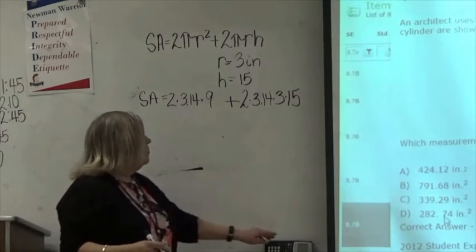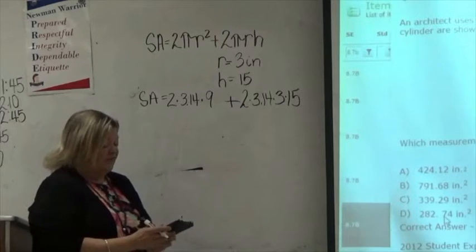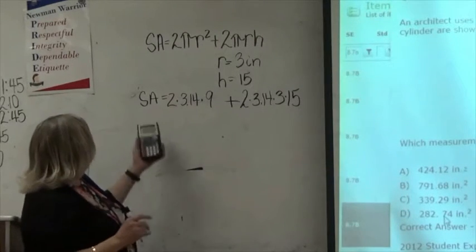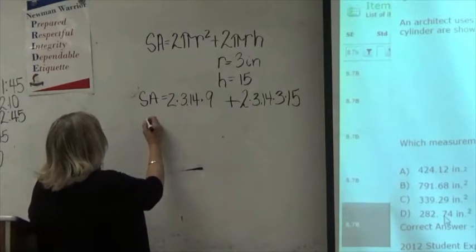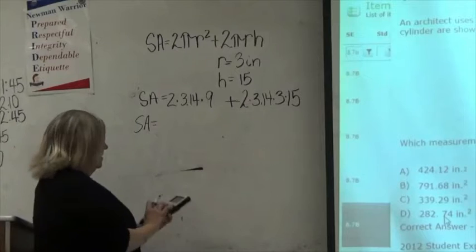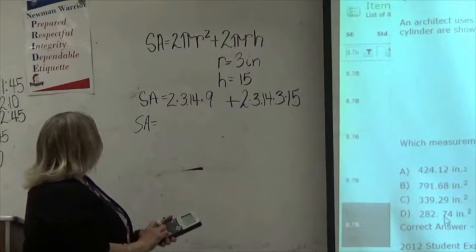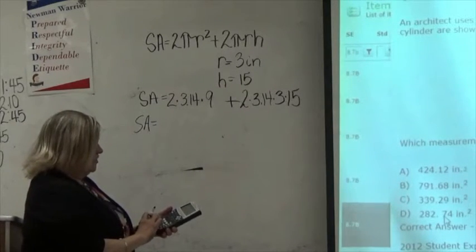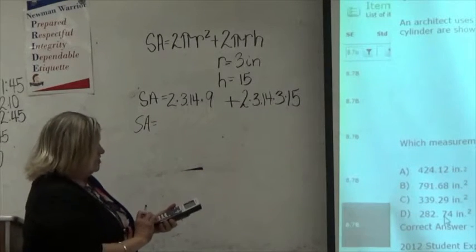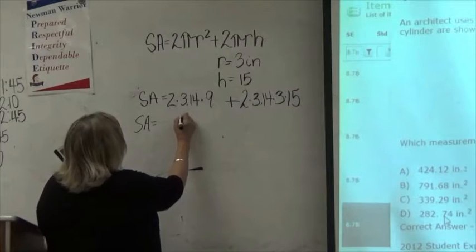Now I'm going to use my calculator to simplify both sides, and basically it's multiplication. 2 times pi, which is 3.14, times radius squared, which is 9, and I get 56.52 on this side.